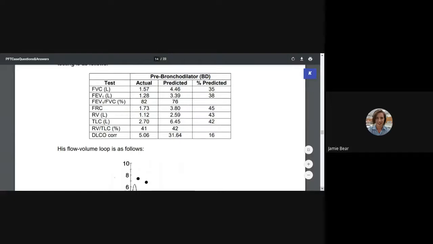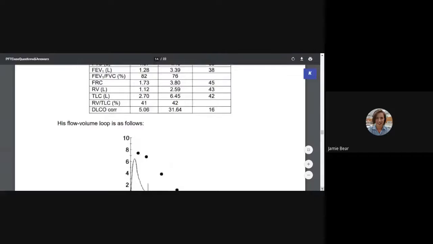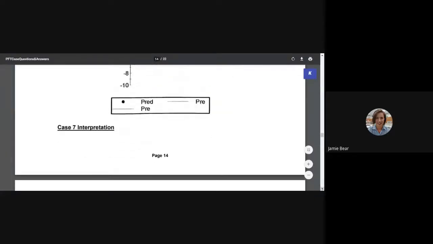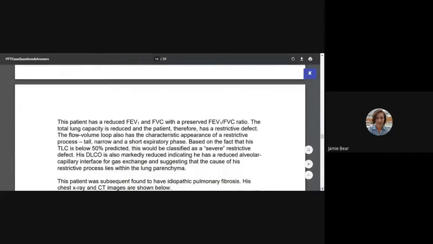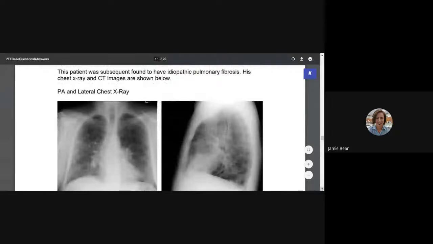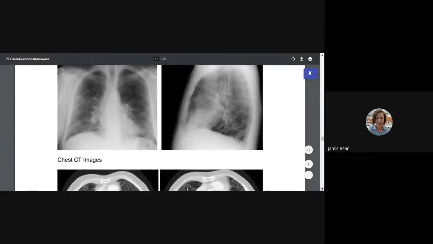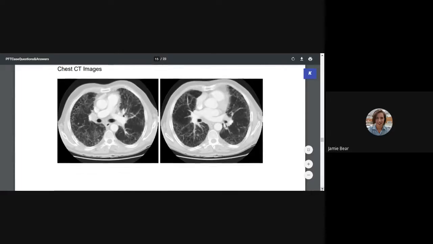So we have a restrictive pattern with low lung volumes and capacities and a decrease in our diffusion capacity, and that is most likely from an interstitial lung disease called pulmonary fibrosis. Okay, there would have to be other tests done, but yep, he does have pulmonary fibrosis looking at his imaging. And once again, you see all that scarring throughout both sides of the lung parenchyma.